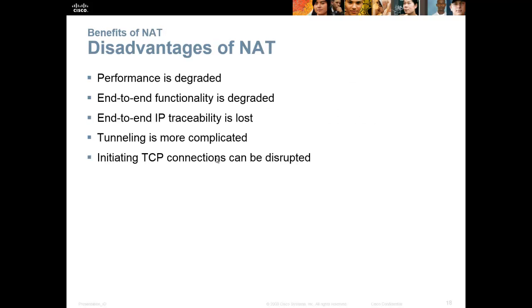But that's also a disadvantage, because now we don't have any end-to-end traceability. So it's a lot harder to track the bad guys. Also, the performance is degraded. Remember, when we talked about NAT, my router has to do a translation. I'm just going to send one packet from me to the web server and back to bring up a web page.